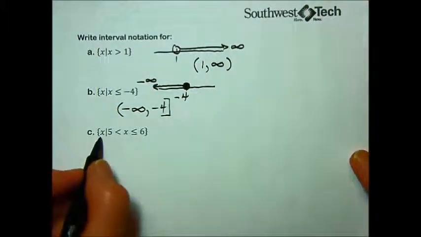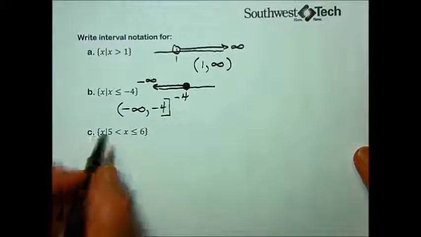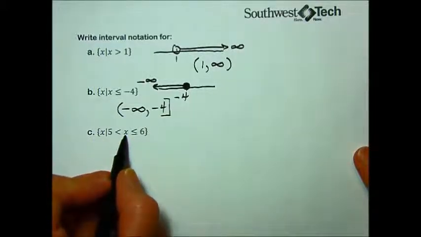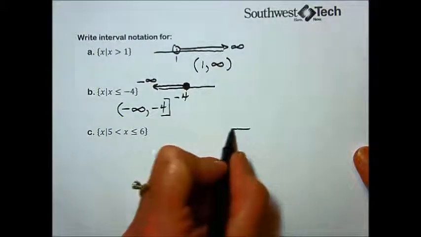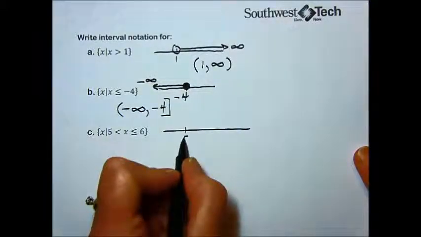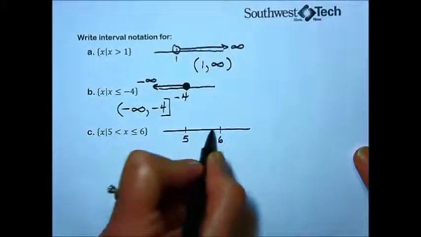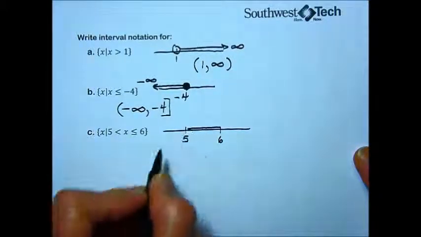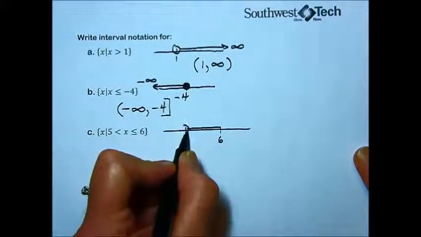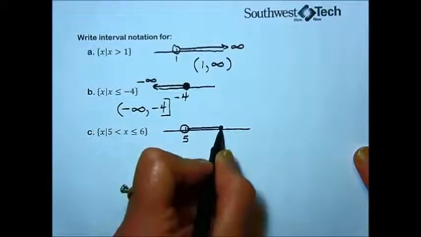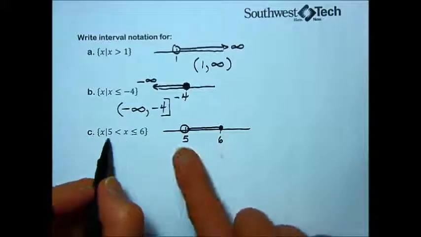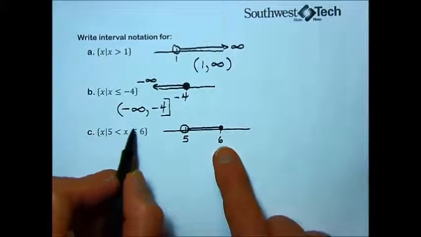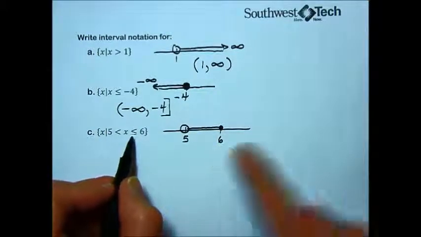The last example here, translating the set builder notation, is the interval x greater than 5 and less than or equal to 6. A number line representation of this would be the numbers between 5 and 6, not including 5, but including 6. The not including because of the less than for the 5, the including 6 because of the less than or equal to 6.